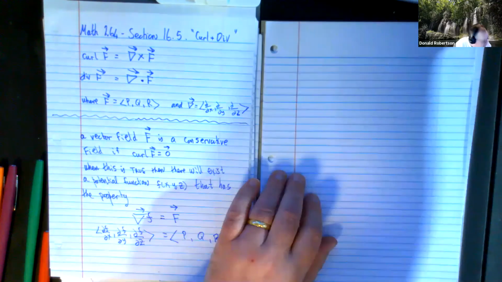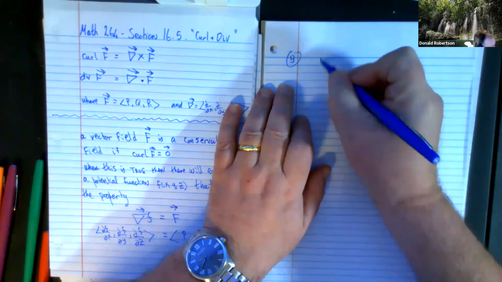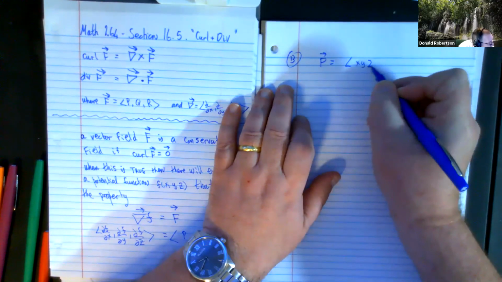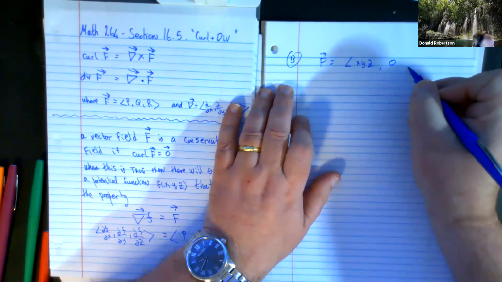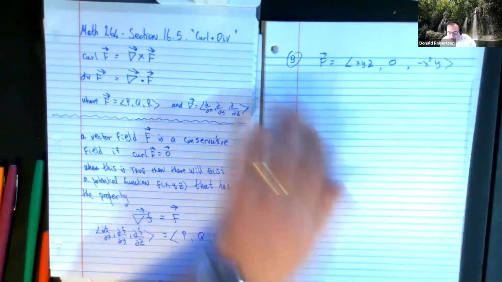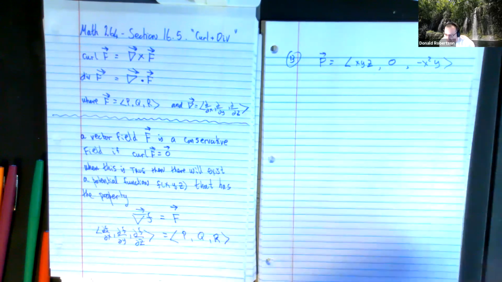13 is, you have a vector field, and it has that x, no y's, no j's, and it has that guy. So the way you treat it is just the way you treat all 3-dimensional vector fields.